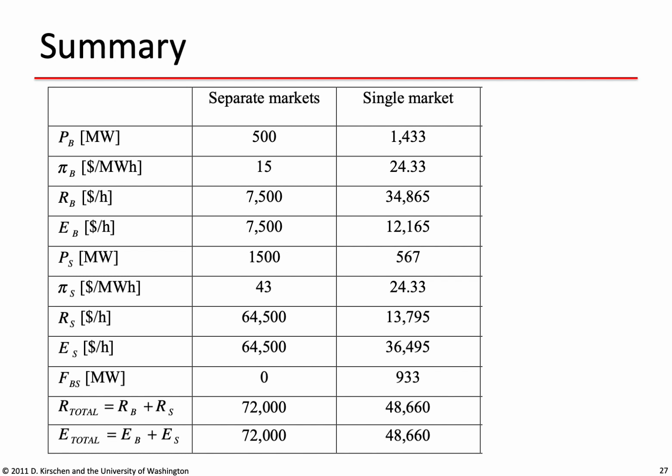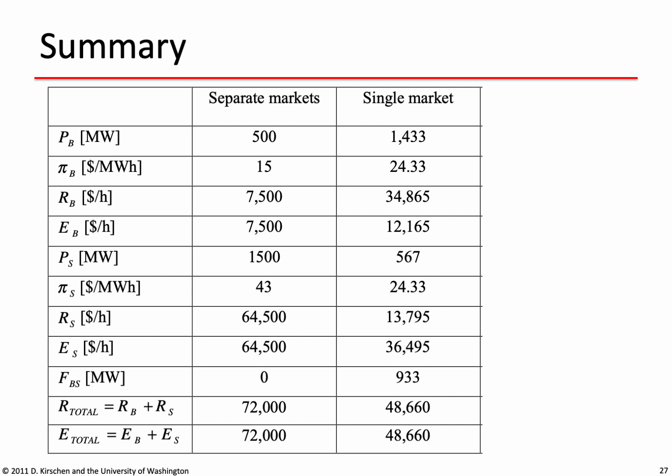The Syldavian consumers would pay 36,495, which is the price of electricity in the single market, 24.33, times demand in Syldavia, which is 1,500 megawatts. When we have this single market, we have assumed that the flow in the interconnection between Borduria and Syldavia is not limited and would be determined by the market equilibrium, and it turned out that that was 933 megawatts.